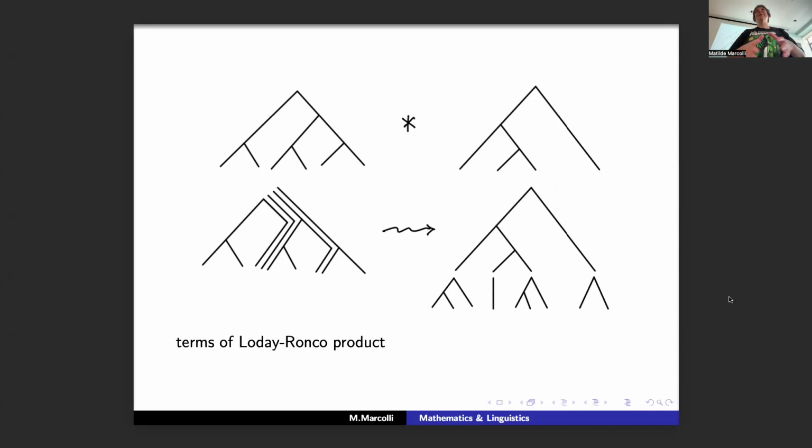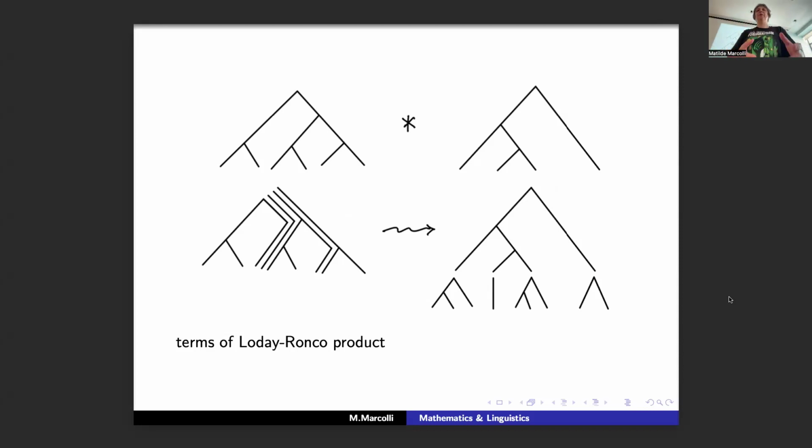The non-commutativity is inevitable because of the planar structure. In the case of the disjoint union for forests, the product has a single output, right? There's only one way in which you can put two things together as a disjoint union. But the moment that you have to do grafting, necessarily you're going to have several ways of doing that.